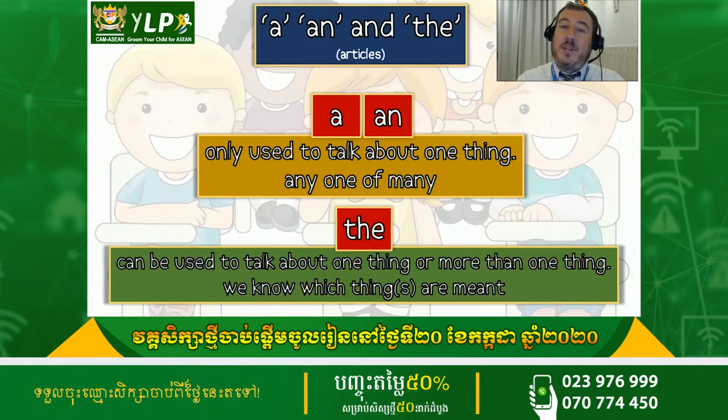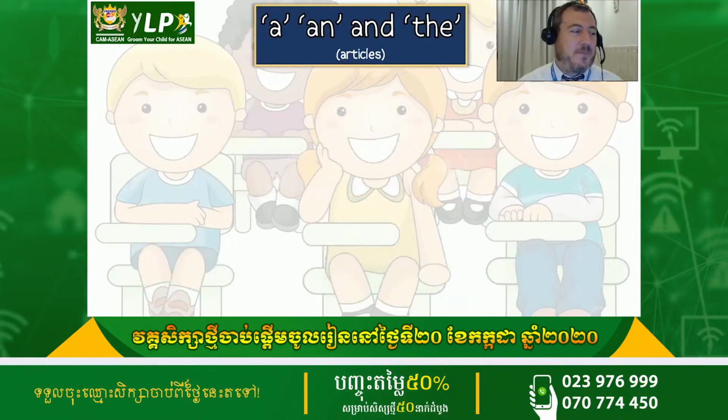But with the, you can use it to talk about one thing or more than one thing. And the difference between a and an is that a and an mean any one of many, and the we would use when we know what we are talking about. Either we know or we expect the person we're talking to, we think that they know as well. Let's look at some examples before we move on.